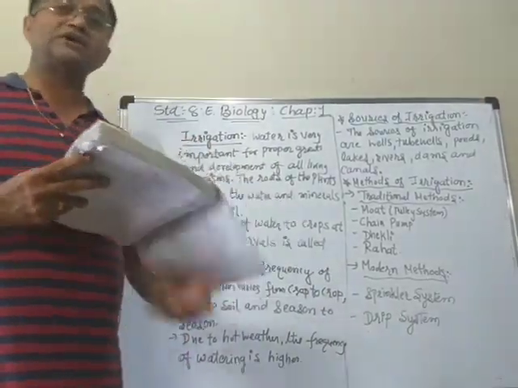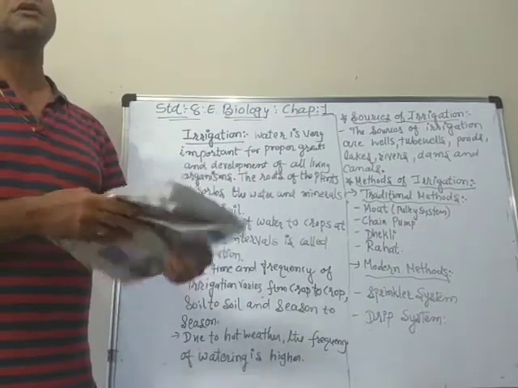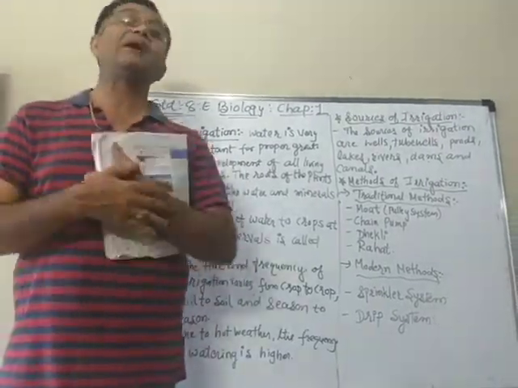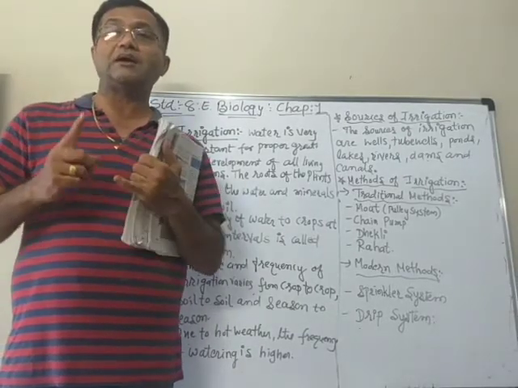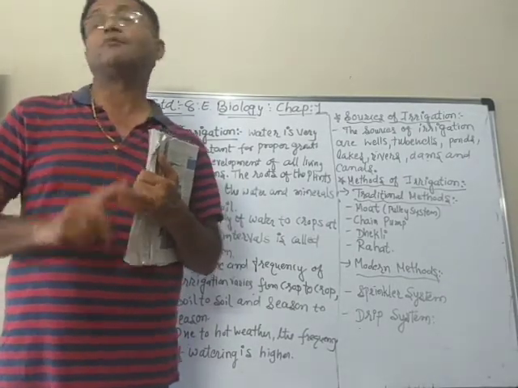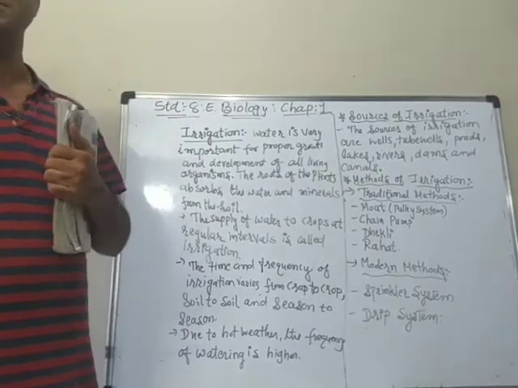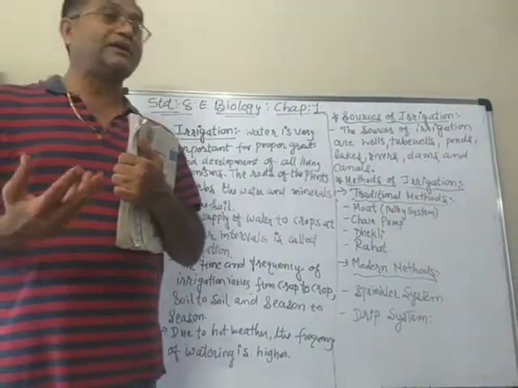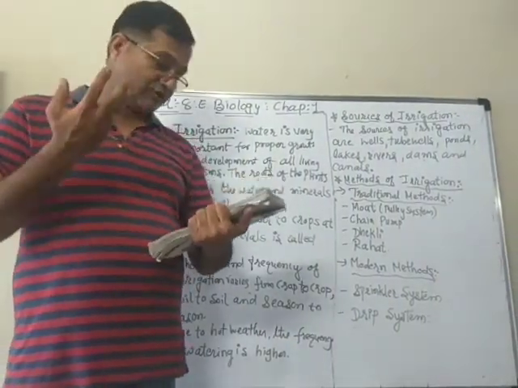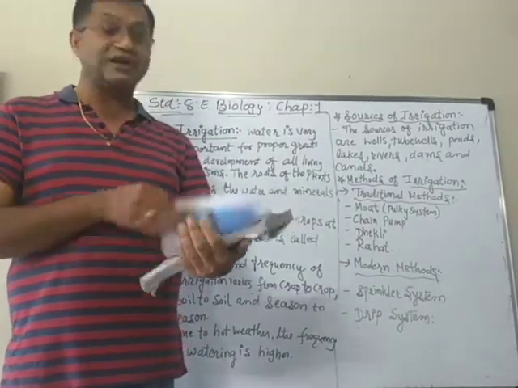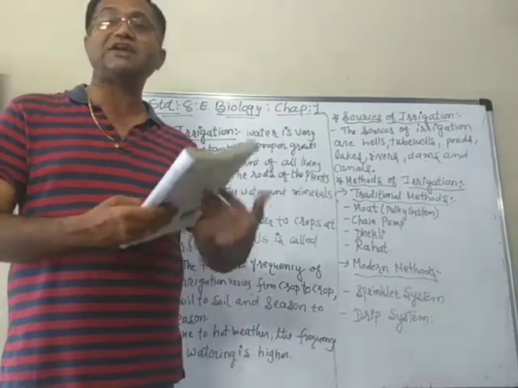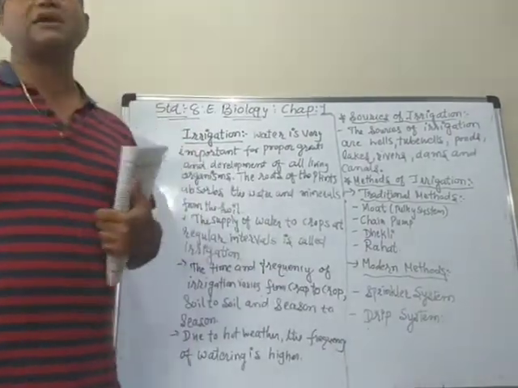We know that manure is prepared in the farm by the farmers using animal and plant waste products, like composting and vermicomposting, etc. And that is known as manure. But the fertilizers are the chemicals.